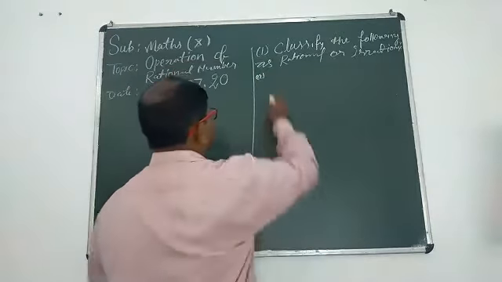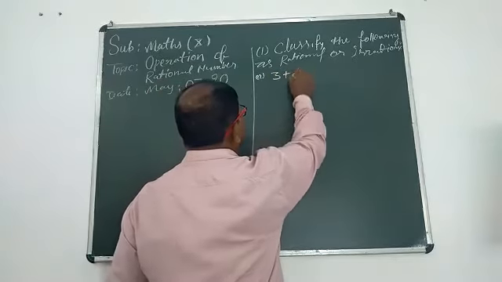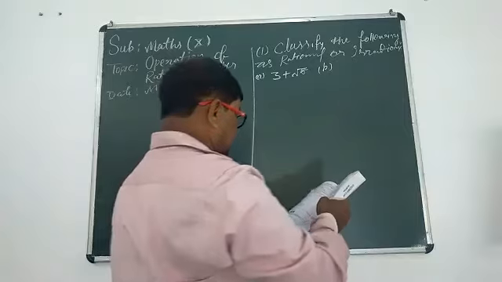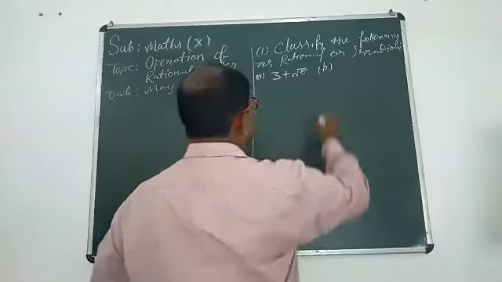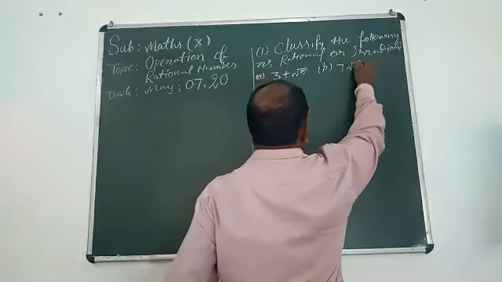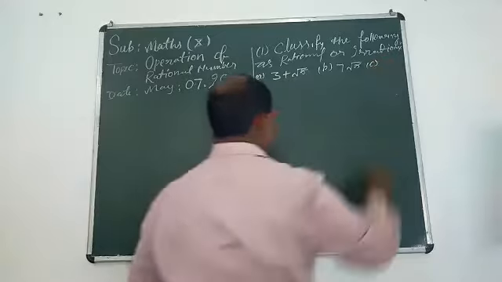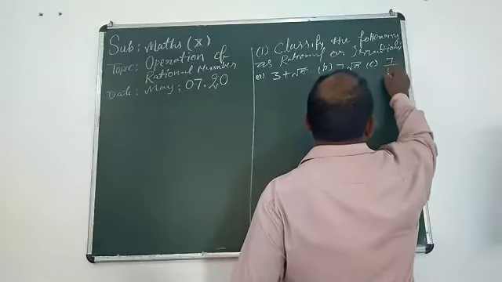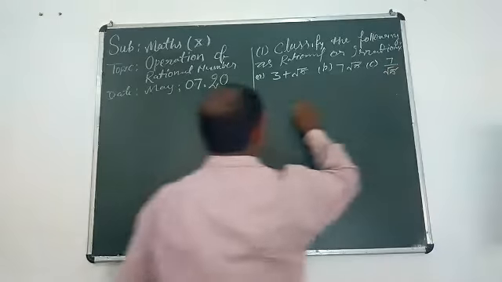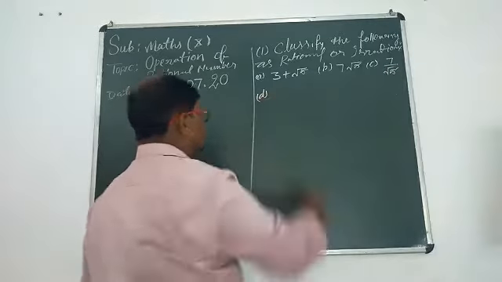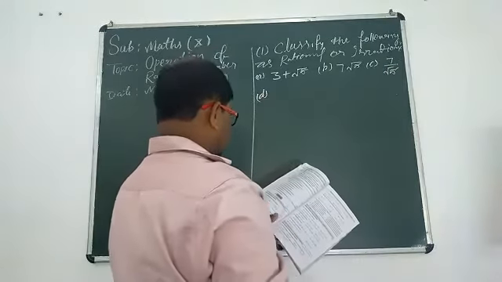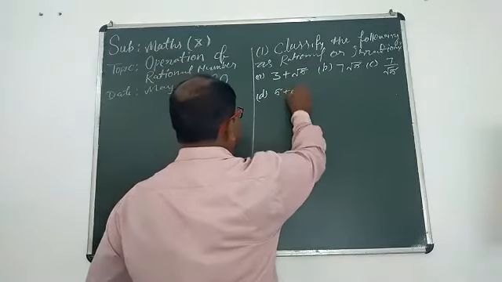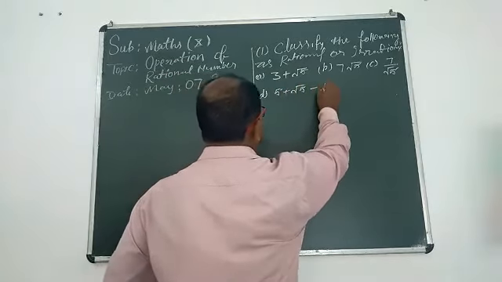A: 3 plus under root 5. B: 7 under root 5. C: 7 upon under root 5. D: 5 plus under root 5 minus under root 5.